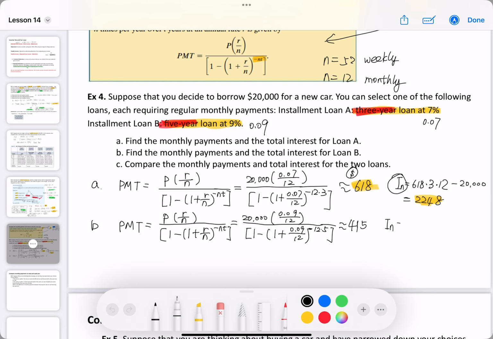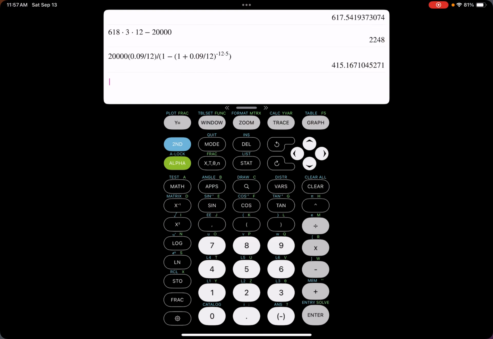The interest equals 415 times how many years? 5 years. Each year we have 12 months. Then minus 20,000. This is the interest. We can use our calculator. 415 times 5 years times 12.